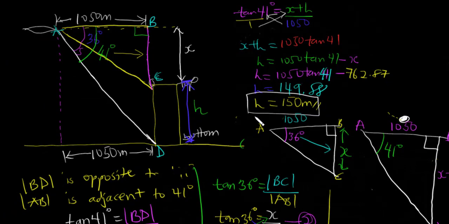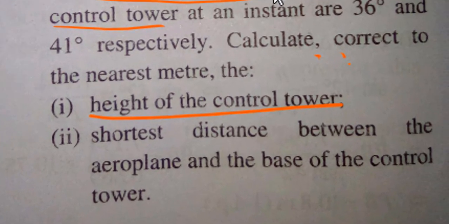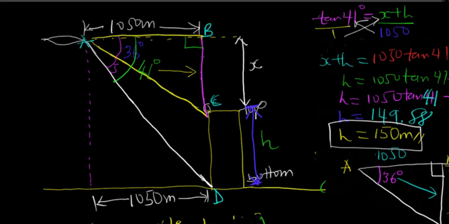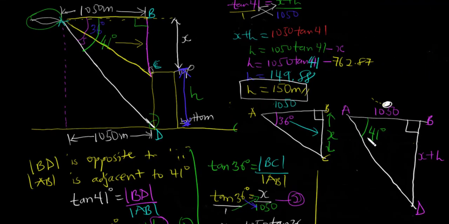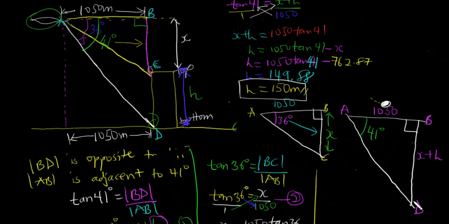All right, so part two also says we have to find the shortest distance between the aeroplane and the base of the control tower. So the shortest distance between the aeroplane here and the base of the control tower is the length A to D. In other words, we have to calculate the length AD, which is here, and we can find that in the bigger right angle triangle here.